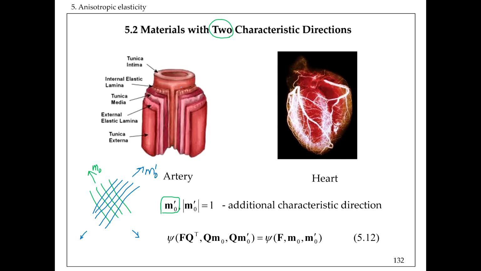A good example, again for motivation, is the consideration of the arterial walls. So we're now shifting back from engineering materials into natural soft materials. So here is the artery.